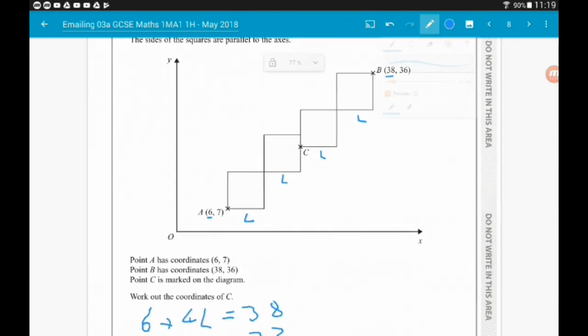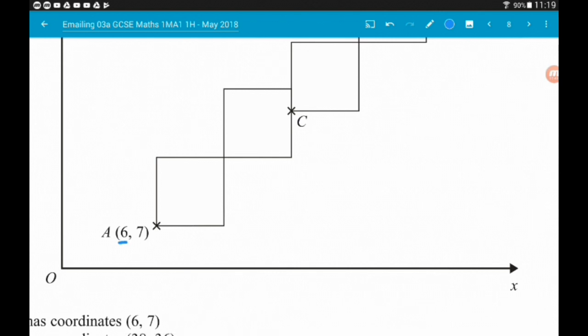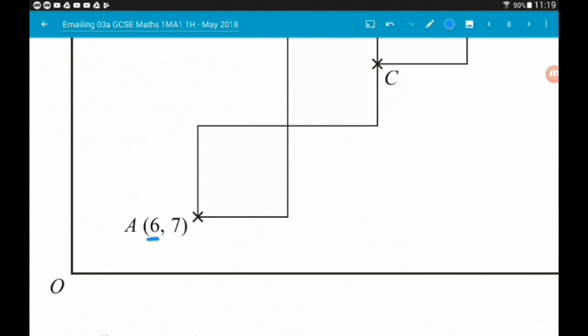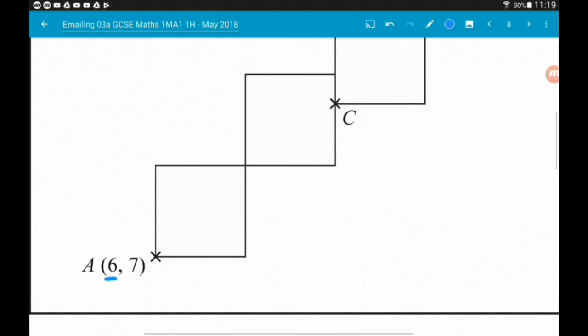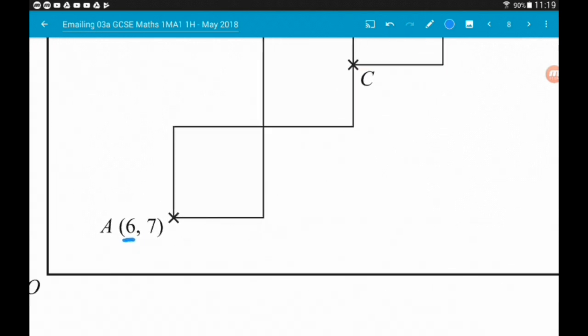So what we can do now is, well, we can work out the coordinates of C. So we're now thinking, how do we get from the x coordinate of A to the x coordinate of C? Well, we add 8 here, and then we add 8 here.